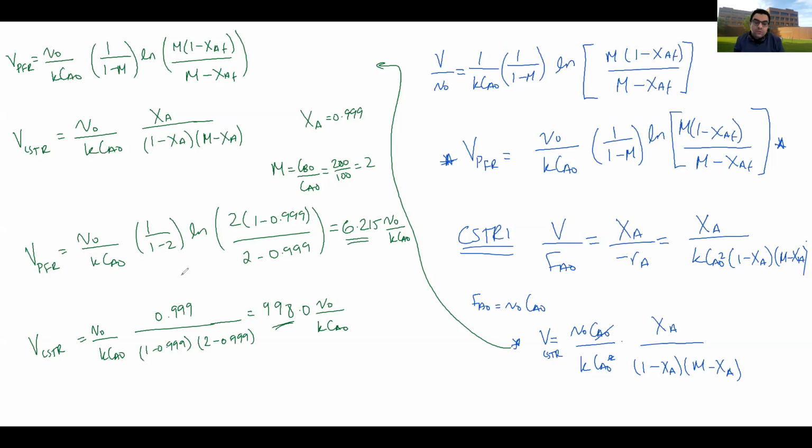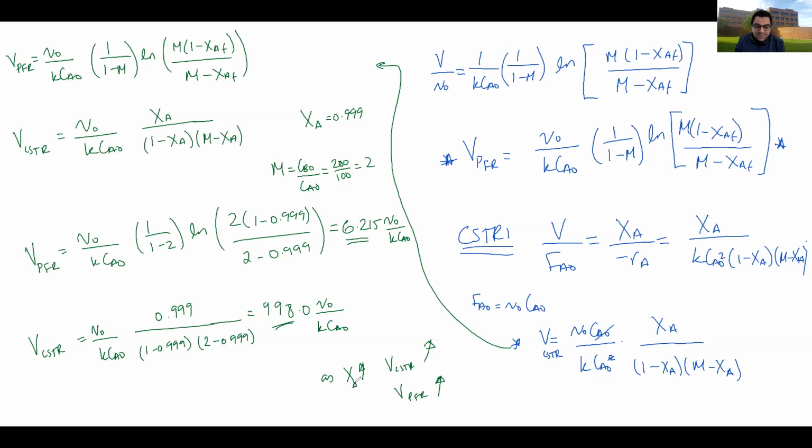One thing to note about the volumes of a PFR versus the volume of a CSTR is that as X increases, the volume of the CSTR increases significantly compared to the volume of a PFR, right? And this is something to remember as you're maybe training for the exam or just thinking about these things.